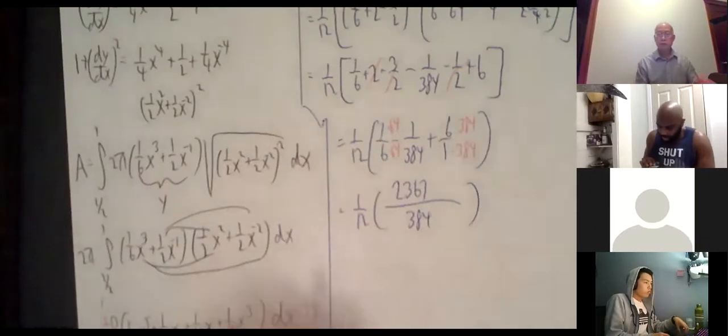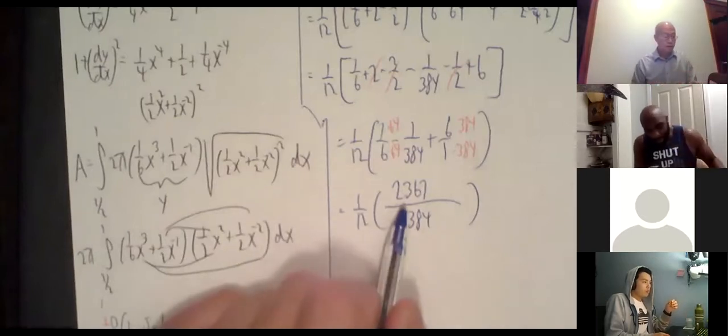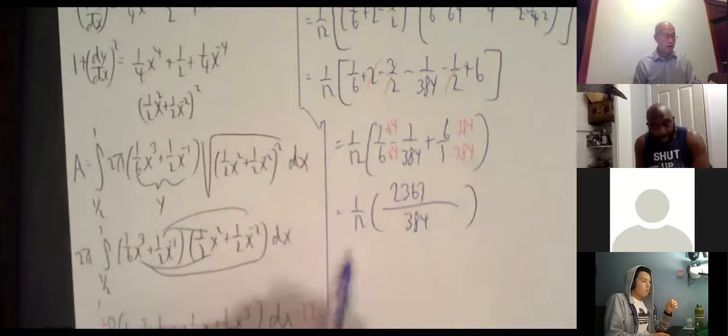2367 over 384. And I don't know if that's reducible. Yes, you can take out a 3. 5, 11, 18.